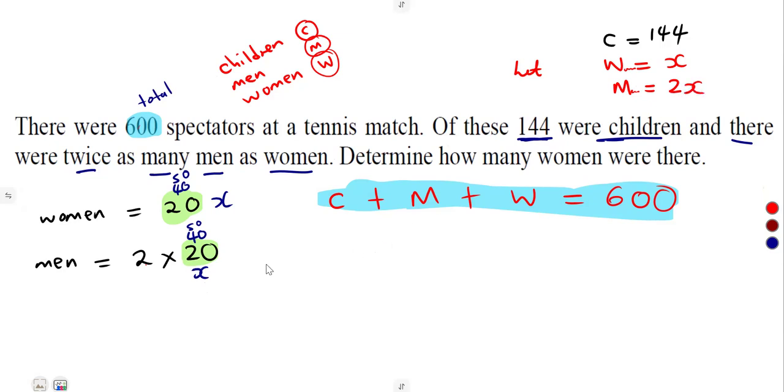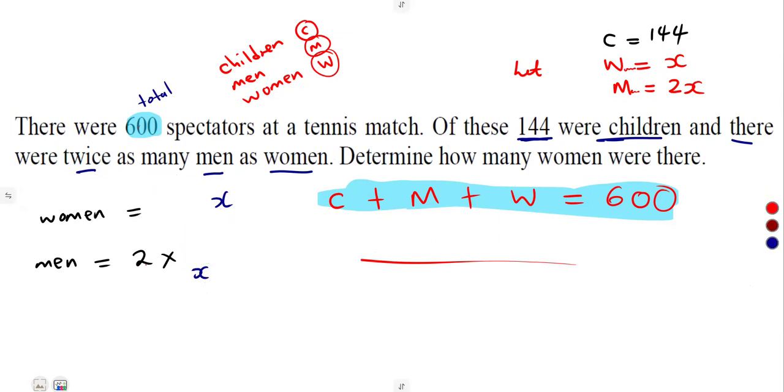This is where the equation part plays a role, as we have an unknown to be determined. Our unknown is X, representing the number of women.